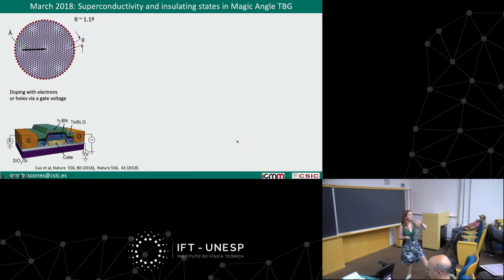It's called magic because it's where you have the flattest bands. And then they put them in between gates, which makes it possible to change the number of carriers in the system. So you can dope the system. And then he measured the resistivity.